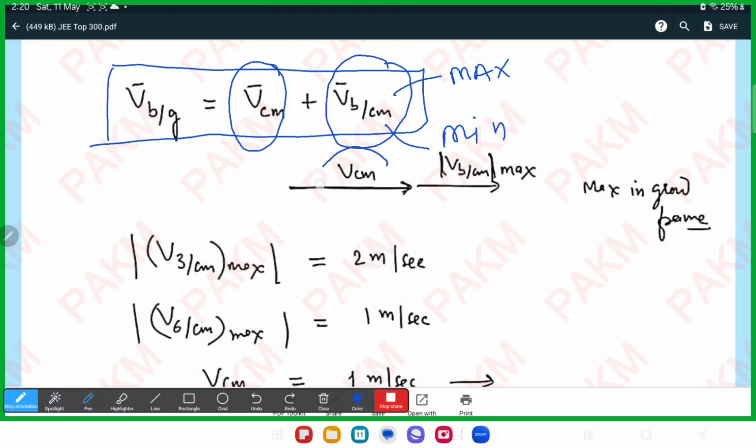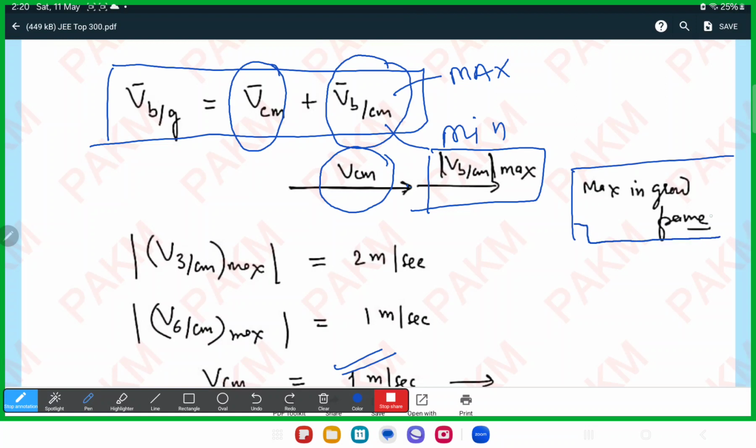Here the center of mass velocity we have already calculated, that was 1 only. So what is the maximum value and what is the minimum value? Here we only have to add the velocity of the center of mass to get the max value of the given block in the ground frame, and the min value.